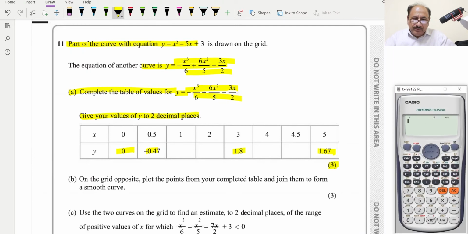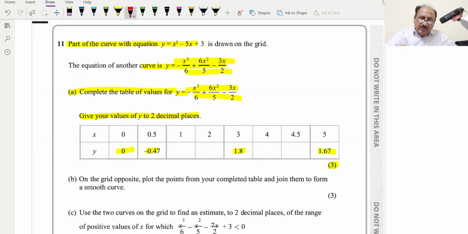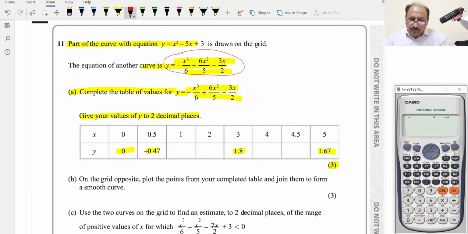And this one we will be writing, typing in this given equation: minus, and fraction will be x cubed, so x and cubed, over 6, and next is plus 6x squared over 5, and then minus again fraction 3x over 2.